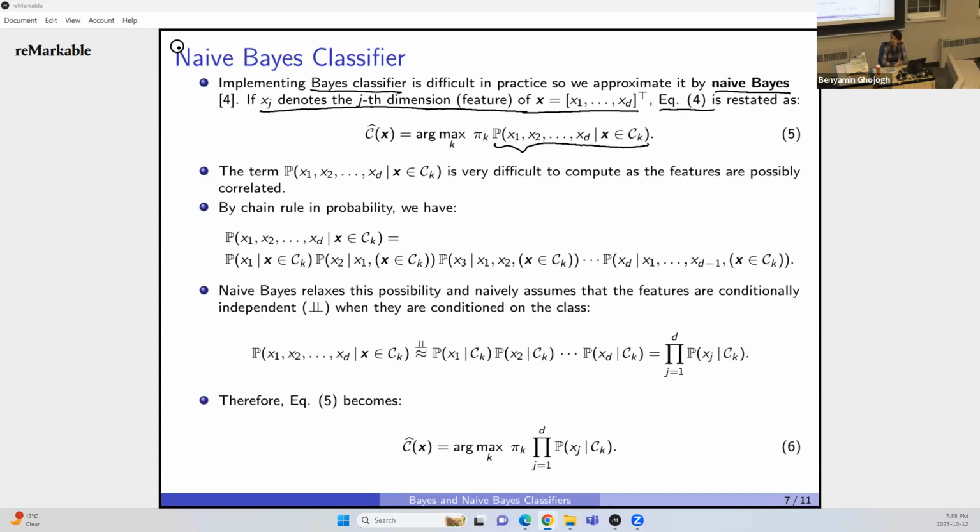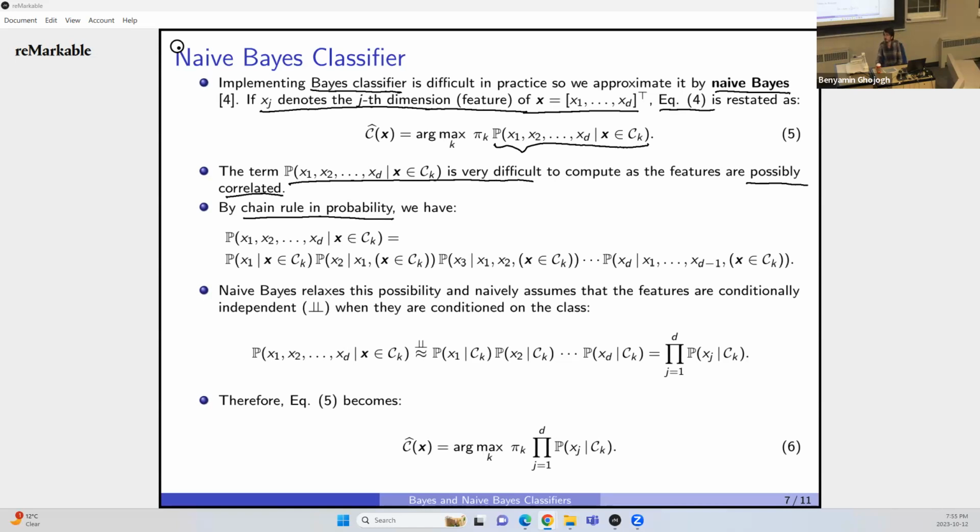So far clear? It becomes a joint distribution. This is very difficult, especially when d is large, when dimensionality is large. Joint distribution, hard, right? Because the features are also possibly correlated, so it's hard to calculate. Now consider the chain rule in probability. Do you remember the chain rule in probability?